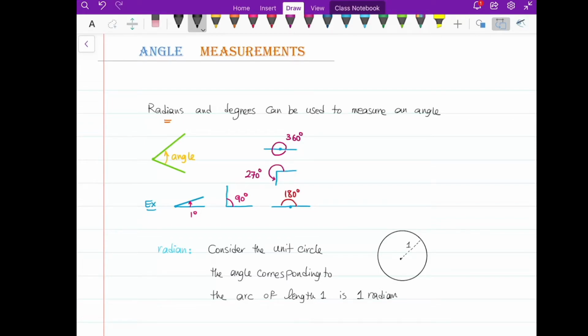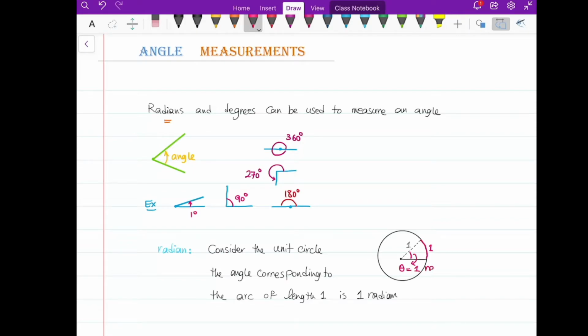Okay, so it has radius 1, and then consider this arc in here, which has length 1, the same size as the radius. Then the angle that I have in here, I can call it the angle theta.